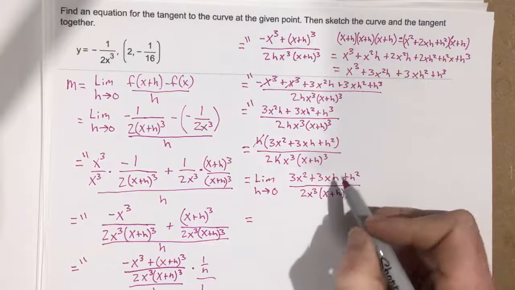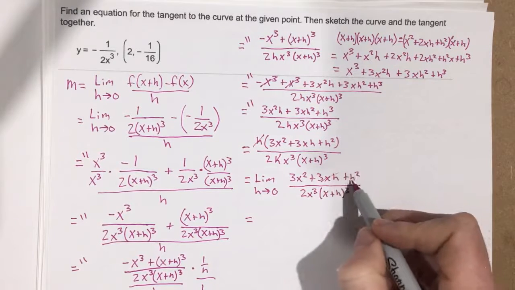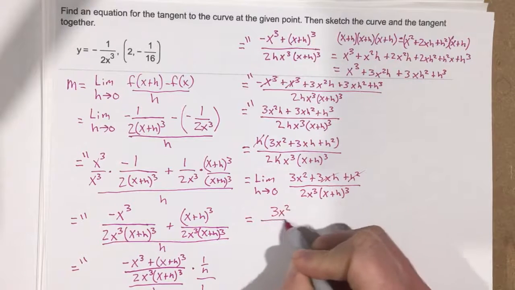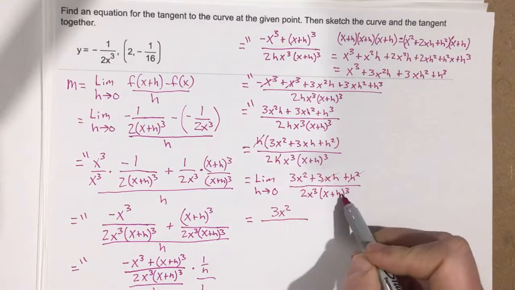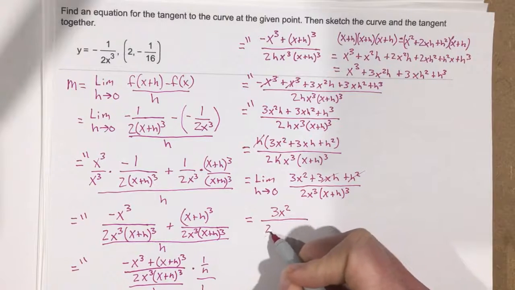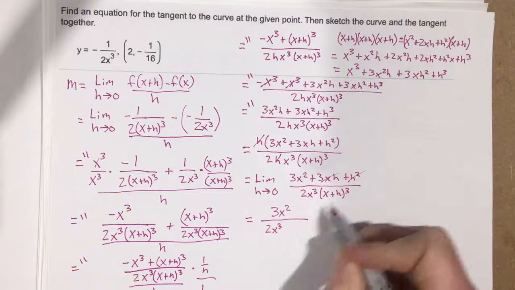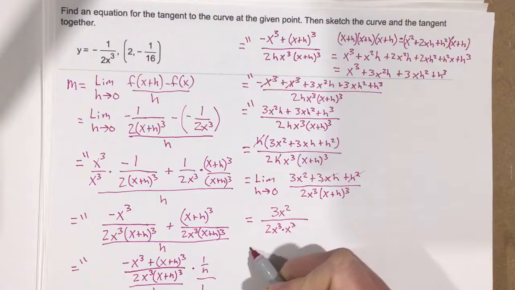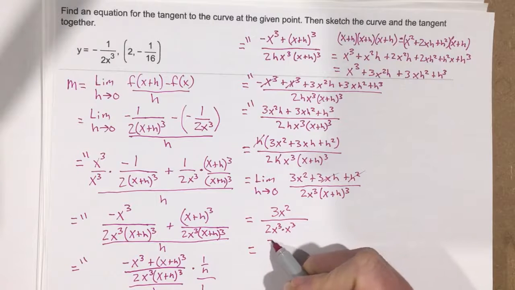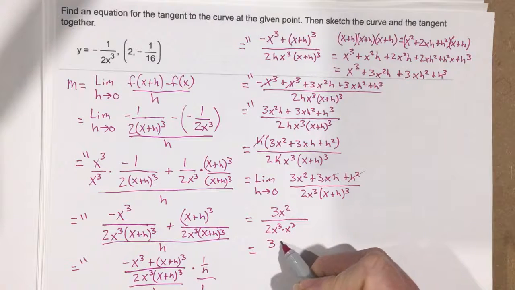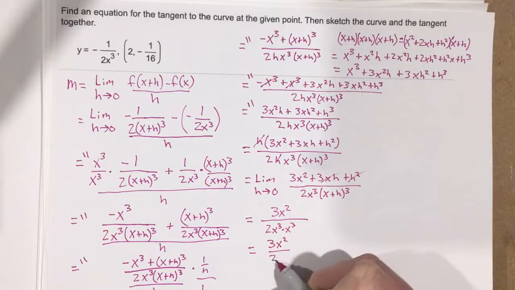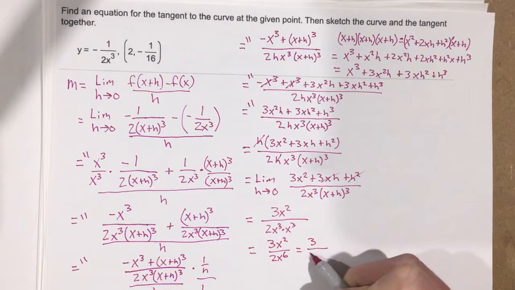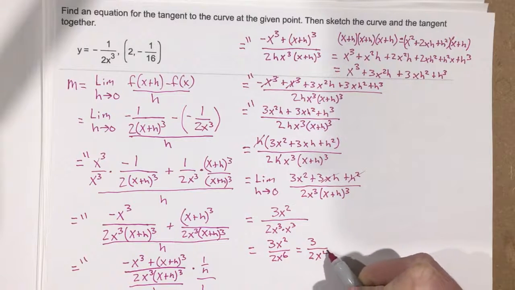When I plug in a 0, this term cancels, this term cancels, so I end up with 3x squared on top over, plug in 0 on the bottom, this will be 2x cubed, and then this will end up being x cubed as well, so times x cubed. When I reduce all this, this is 3x squared over 2x to the 6th, which reduces to 3 over 2x to the 4th.